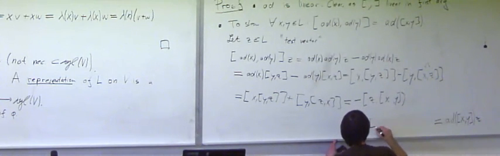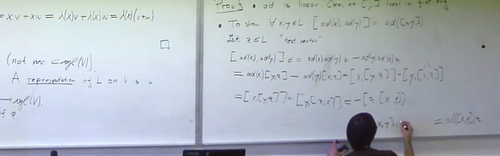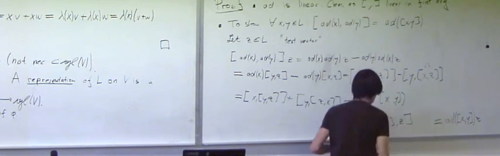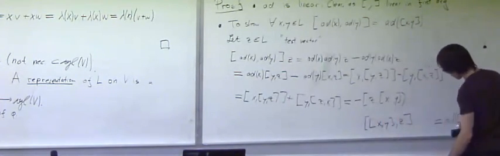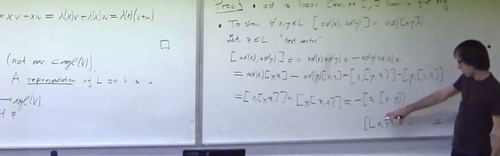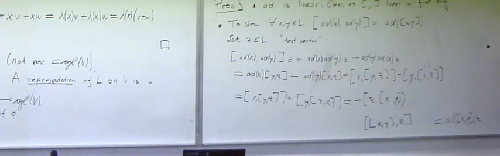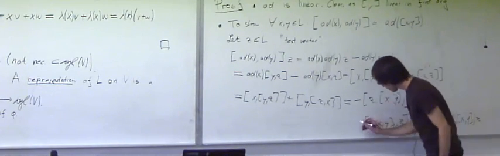That means this matrix [x, y] is just bracketed with z. And now we see by the property of the bracket to be alternating, this is exactly the same.